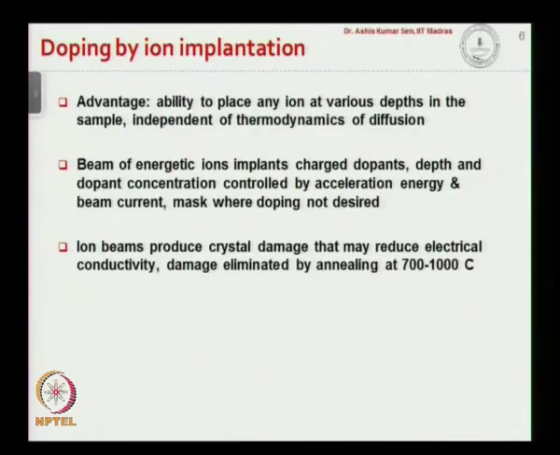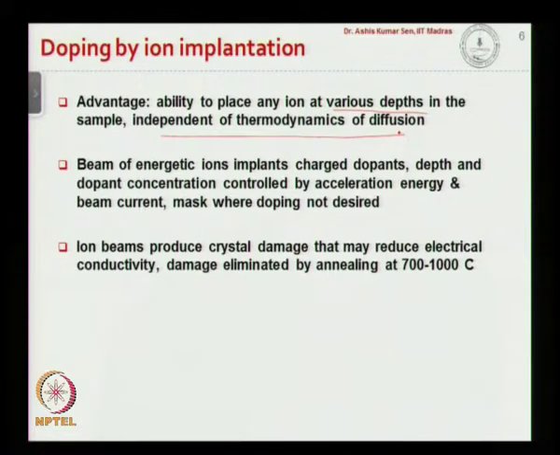So the advantage of doping by ion implantation is shown here. It has the ability to place any dopant ion at any depth that we want, so it is not dependent on the thermodynamics of diffusion that we had seen in the previous cases.